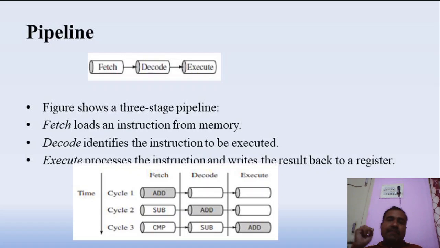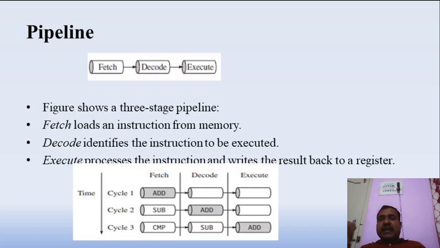So for example, here I have shown you three-stage pipelining. In the first cycle, the add instruction is fetched. It is brought from the memory and placed into this pipeline. In the next cycle, add is moved into the decode stage, and the next instruction after add is brought into the pipeline.